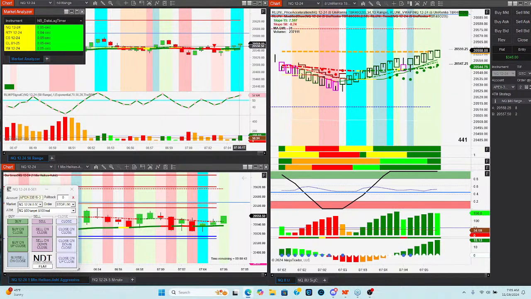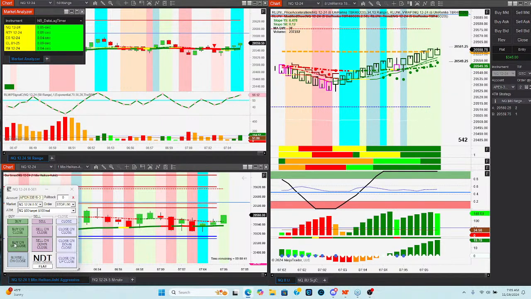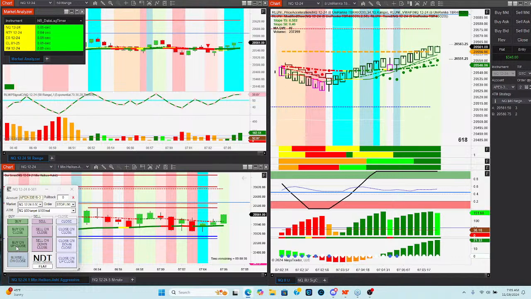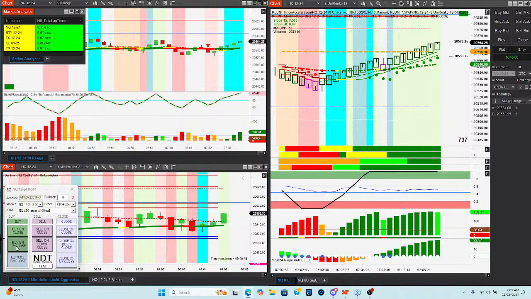Okay, this is okay bias. Oh man, there was my pullback right here, but I don't know if I would take that into the VWAP.